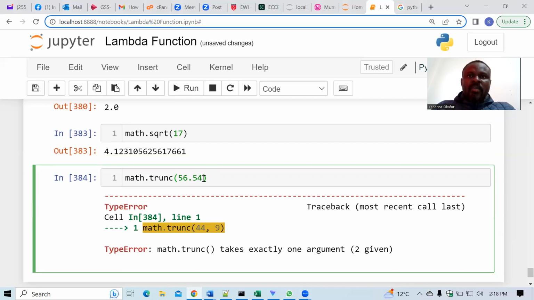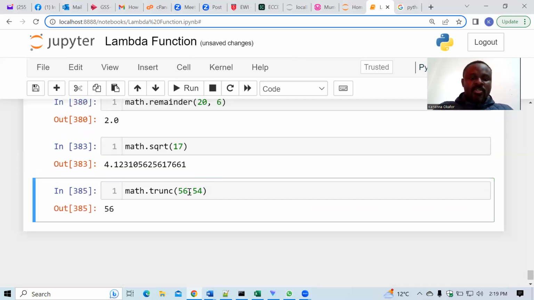Unlike the modf method that gives you the fractional part of the number and the integer part of the number, this just gives you the integer part of the number. Okay, I'm in a hurry, so I need to just do this, and that returns just 56. That's the trunc method.